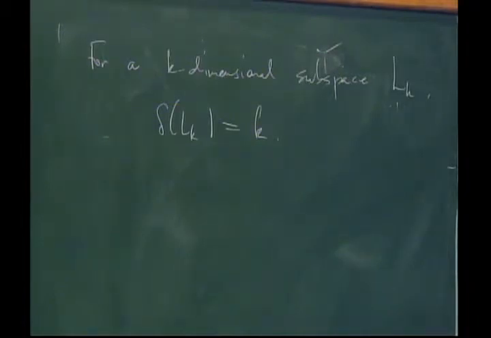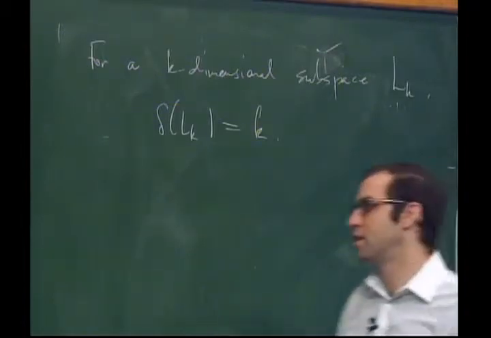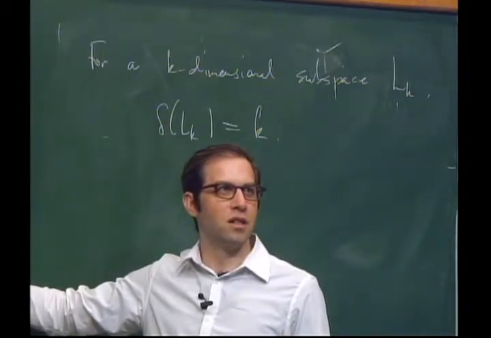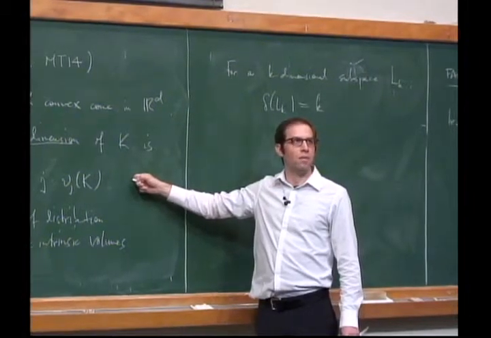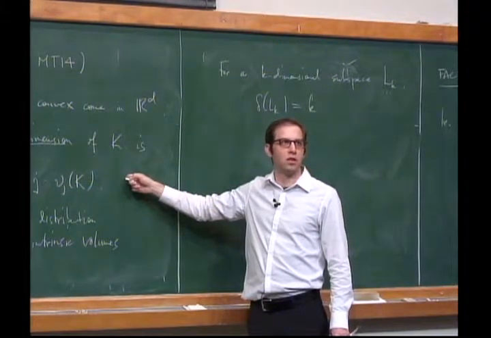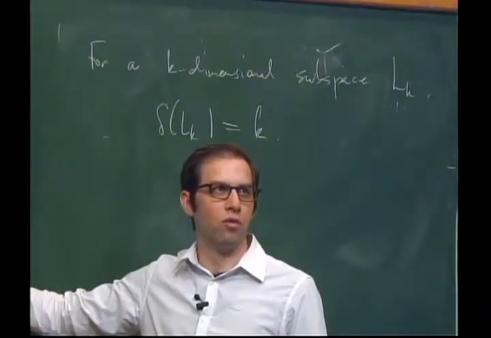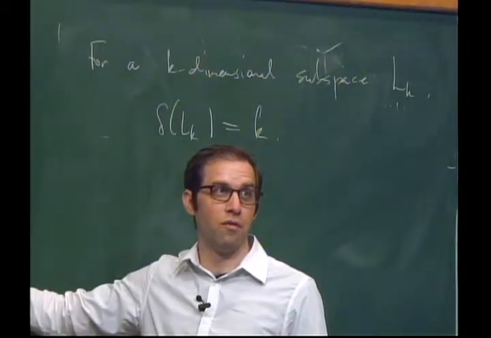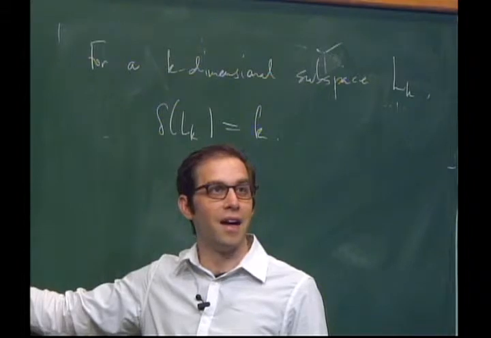Now, the interesting thing about this quantity is that, in fact, it is continuous in a sense as a function of the cone. And in fact, this is the canonical continuous extension of the dimension from subspaces to the entire class of closed convex cones. So this is a natural dimension parameter for this family.